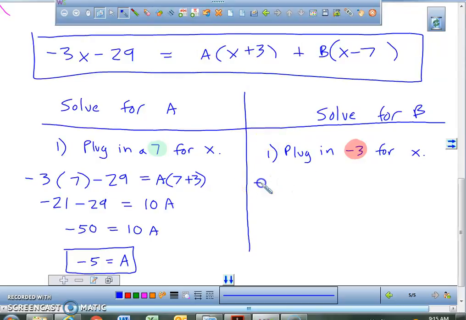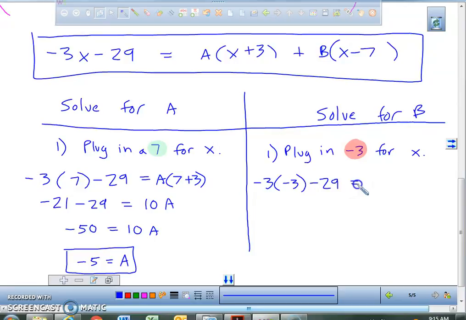So here's my equation. I have negative 3 parentheses. What am I going to plug in for x? Negative 3 minus 29 equals, I'm not going to put any a values because I know if I plug in a negative 3 right there, it cancels out to a 0, equals b times negative 3 minus 7. Negative 3 minus 7 is a negative 10, so this becomes negative 10b.